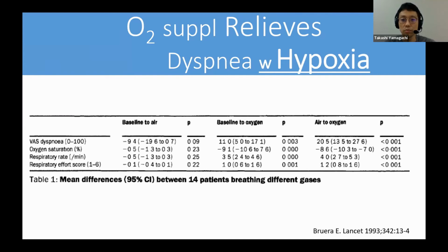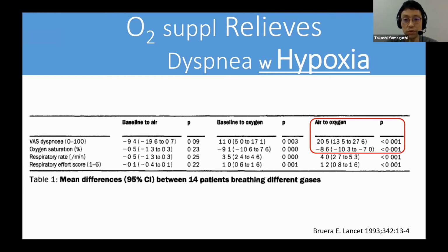This is a study of hypoxemic cancer patients with dyspnea. Patients were given 5 milliliters per minute of medical air or oxygen for 5 minutes and crossed over. And after giving each gas, the dyspnea VAS score increased 9.4 in the air group and decreased 11 points in the oxygen group.